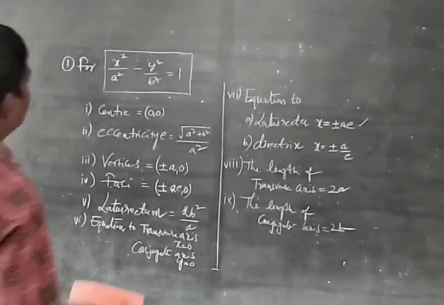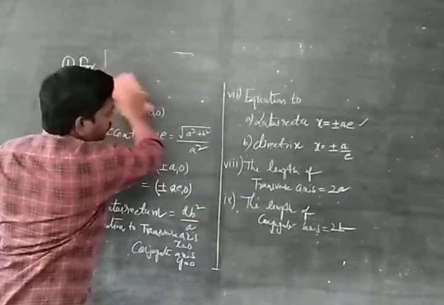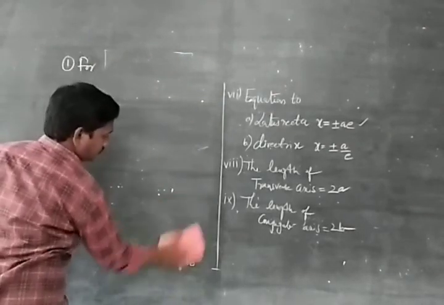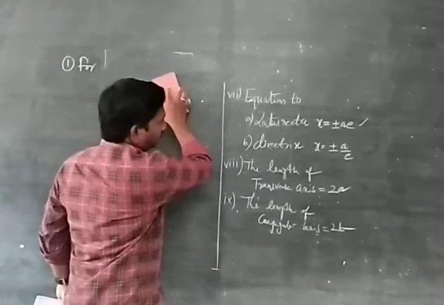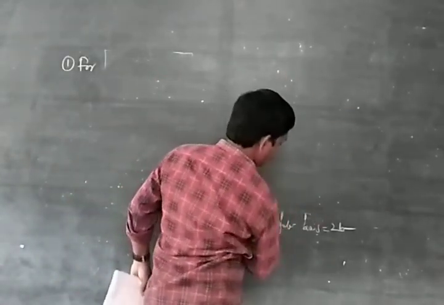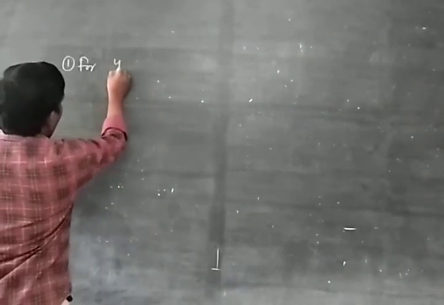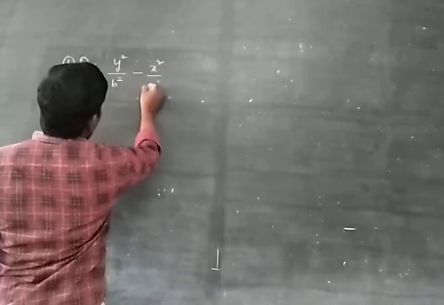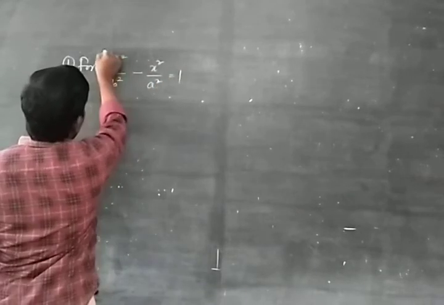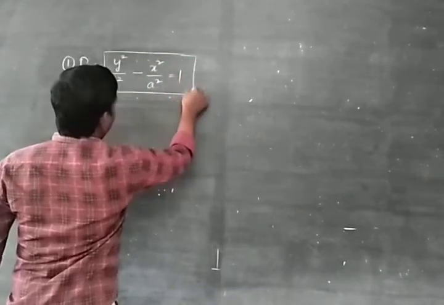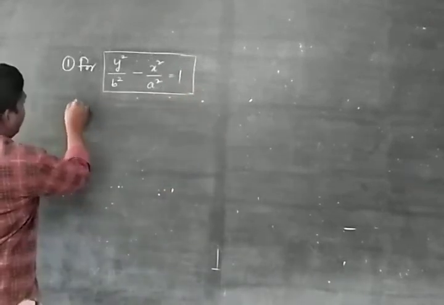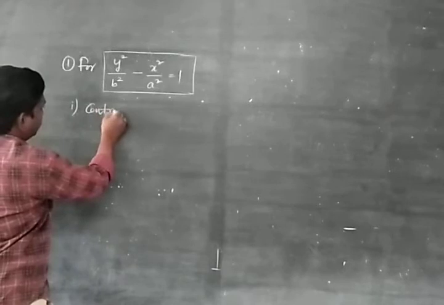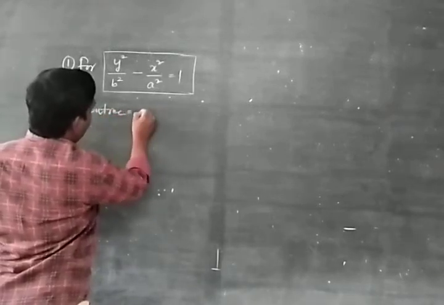Now write down for y square by b square minus x square by a square equal to 1. Roman number 1, center equal to 0, 0.